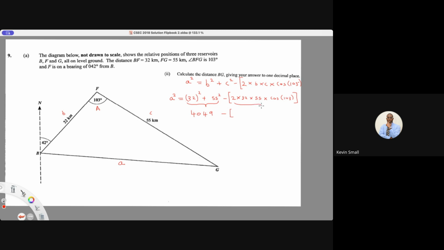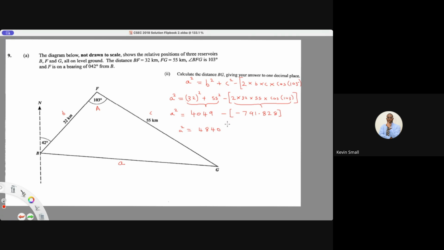And this part here becomes, remember that because these are two minus signs, it ends up becoming a plus.